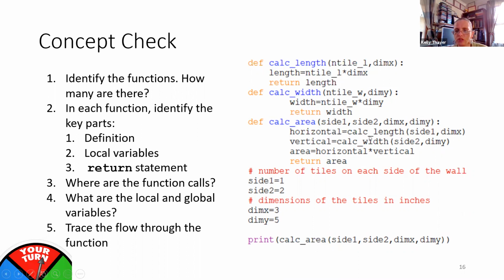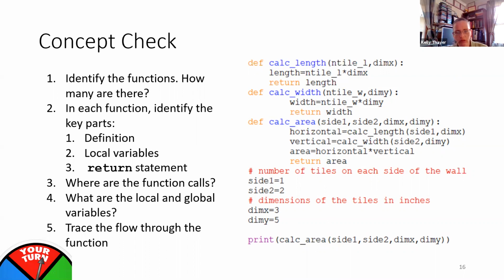So the calc area function is calling the calc length function, sending side 1 and dimension x as the input variables. There is another one right here which is calling calc width. So we see that function calls can occur out in main, but they can also occur from inside of a function.